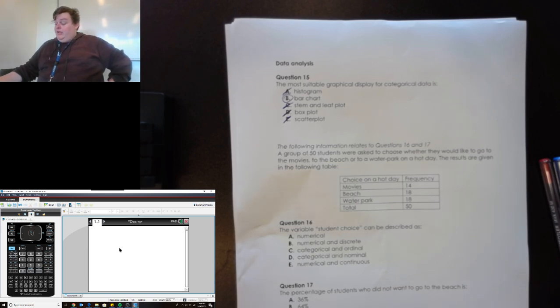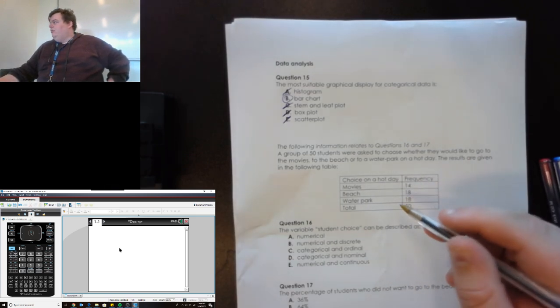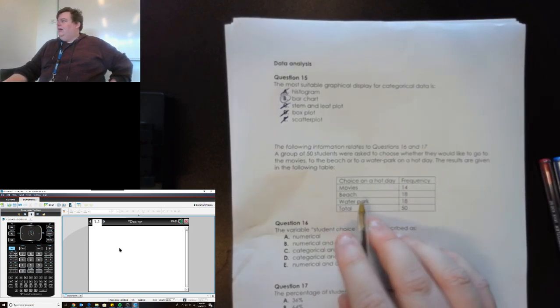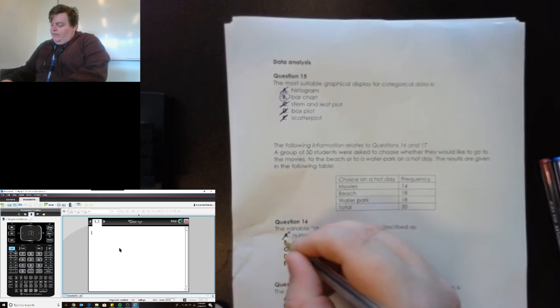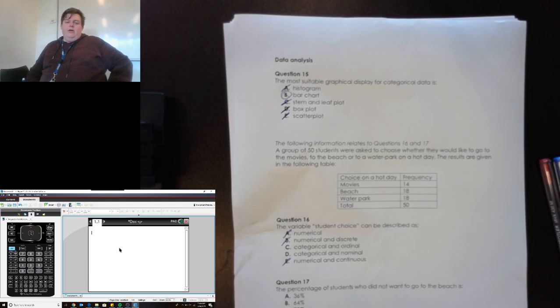Okay, so if it's student choice, it means that they're choosing from these three options here. So these are words, obviously, and not numbers, meaning that you can't call them numerical data. So we can get rid of that one and that one and that one. It's not numerical, it's categorical.